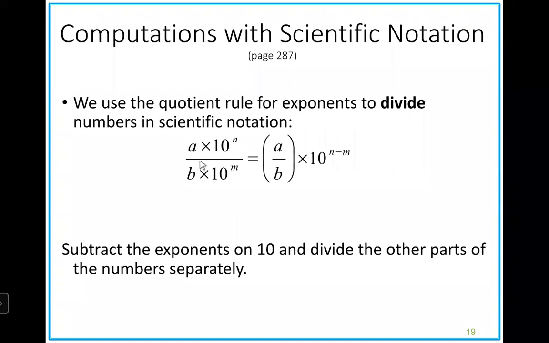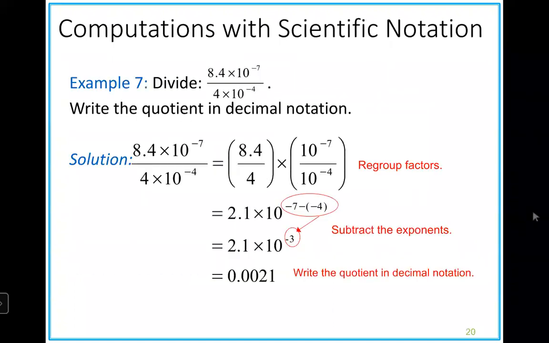If you have a times 10 to the n divided by b times 10 to the m, you can divide a by b and multiply it by 10 to the n minus m. So subtract the exponents on 10 and divide the other parts of the numbers separately. We have one example here.